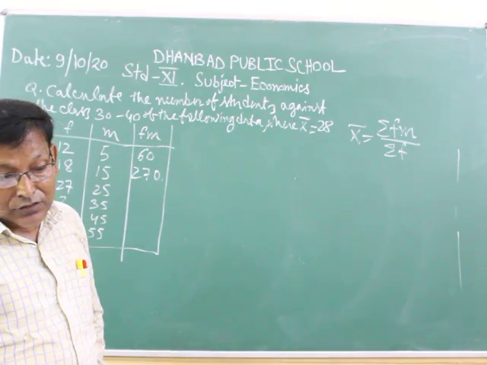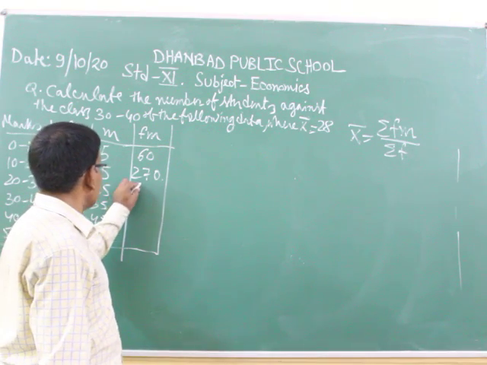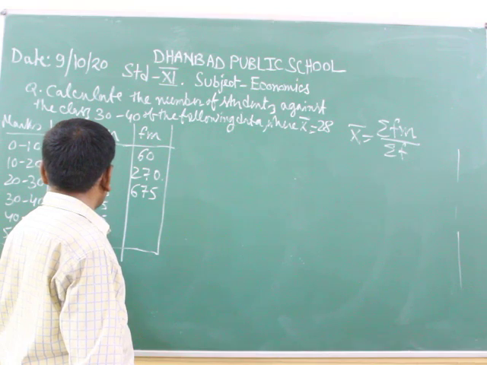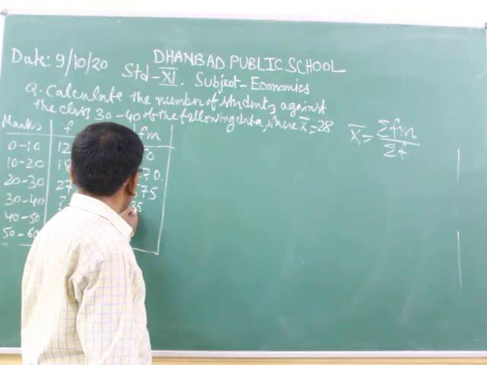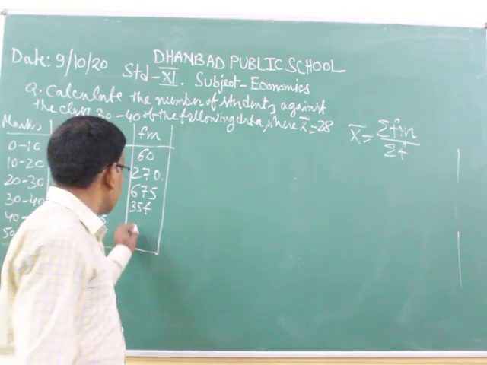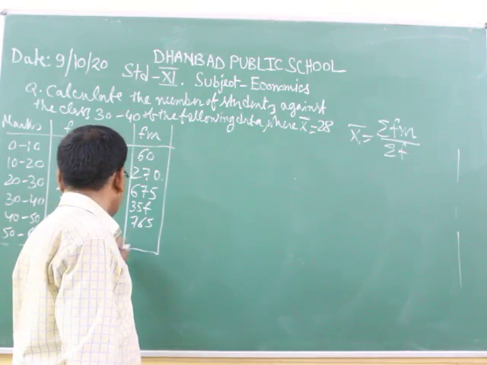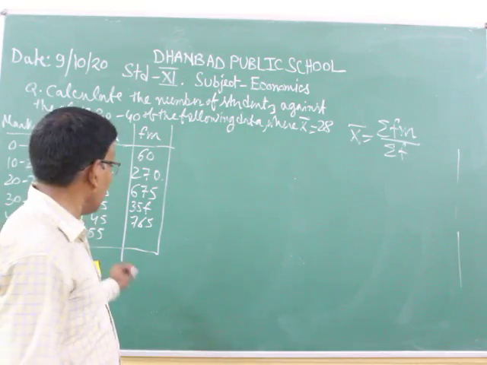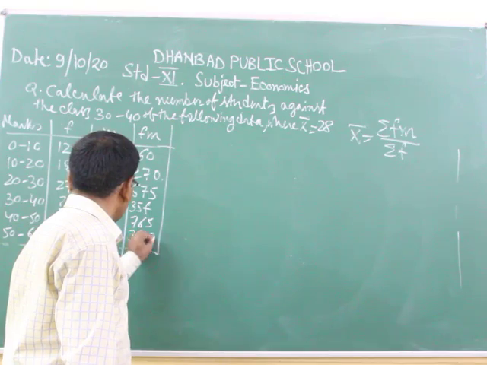Next one, 27 25s are 675. Next one, you consider it as f, it is 35 into f, 35f. Next one is 765, 17 45s are 765. And the last one is 330.